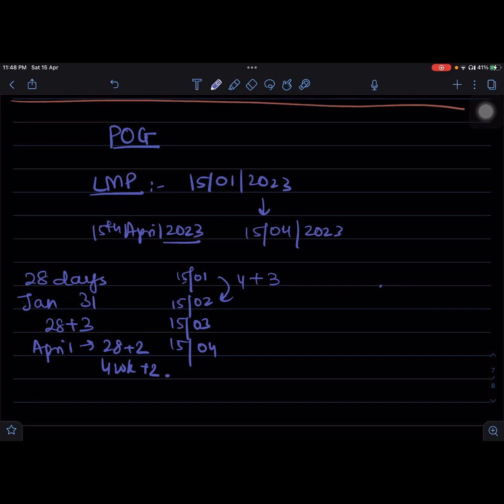But for February, you have to know if it's a leap year or not. So for February, it is 4 weeks only. And then this is from February to March, and then again, March has 31 days, so 4 weeks plus 3 days. So you calculate the 4 weeks, that is 12 weeks plus 6 days.